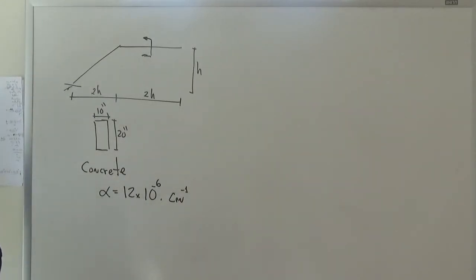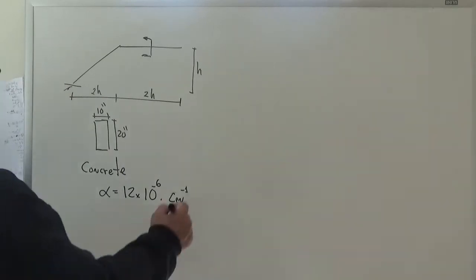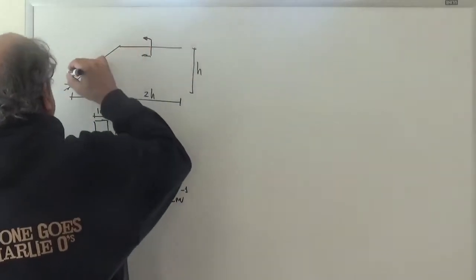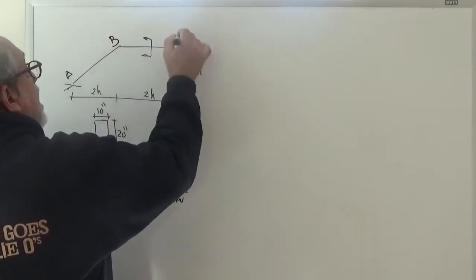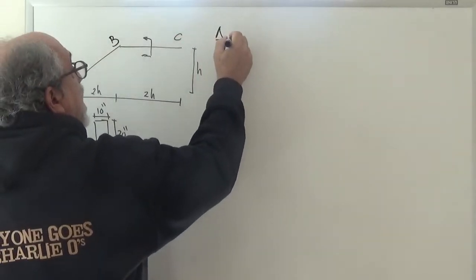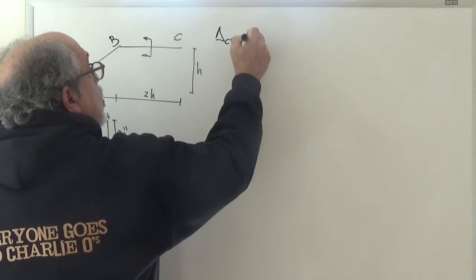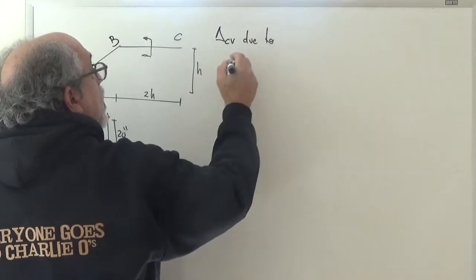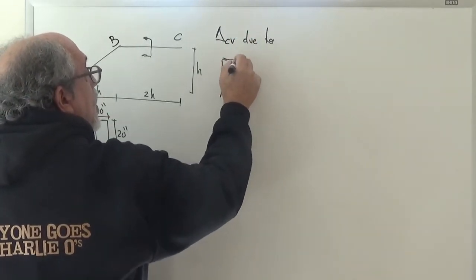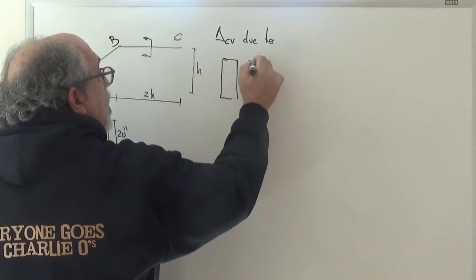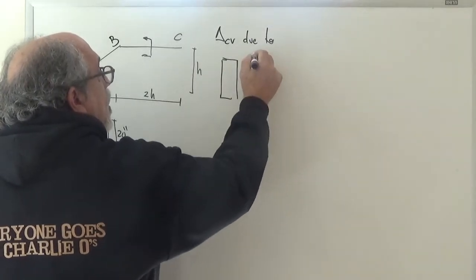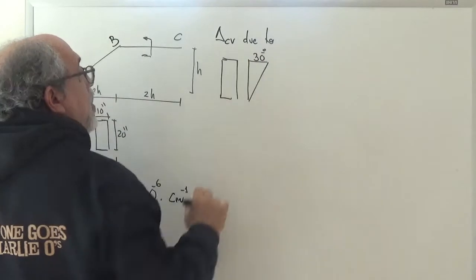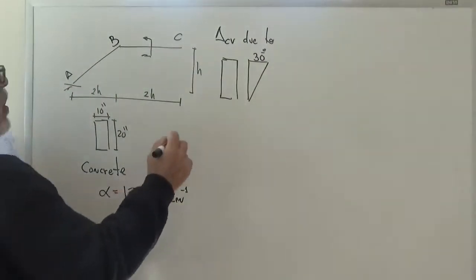So what we want to do is to calculate delta C in the vertical direction due to a 30° increase in temperature at the top on BC.